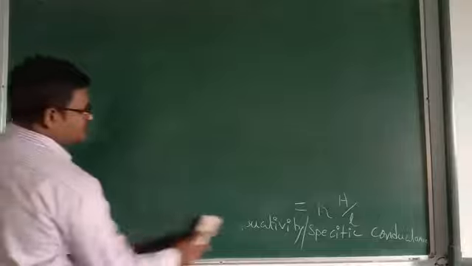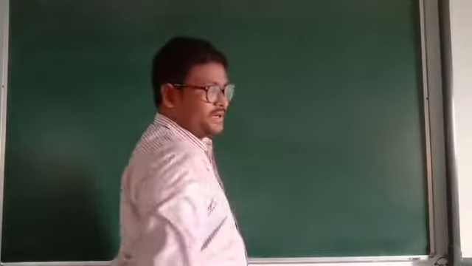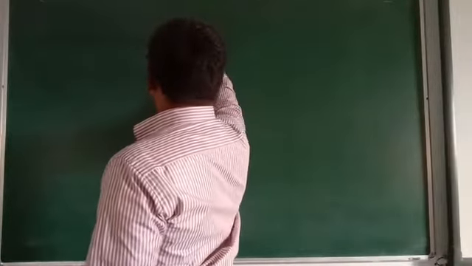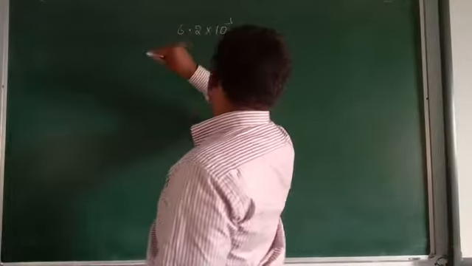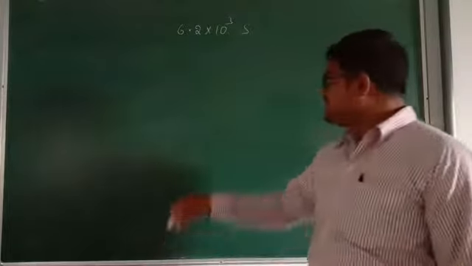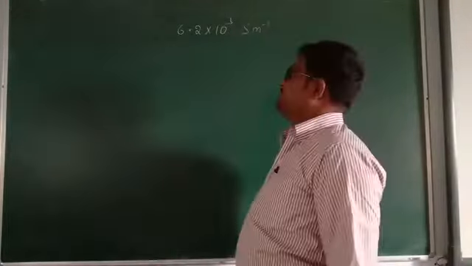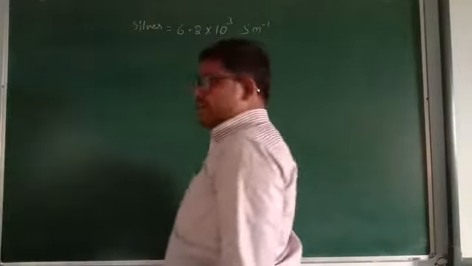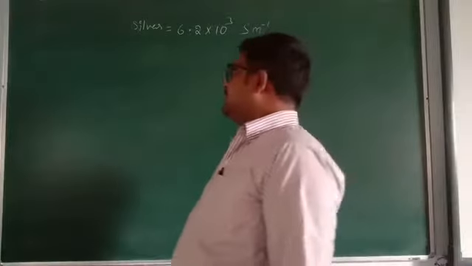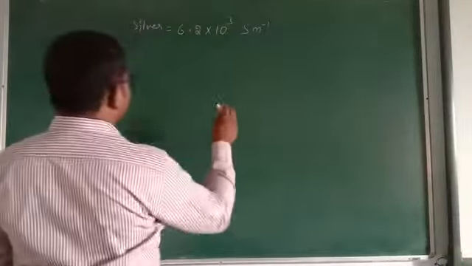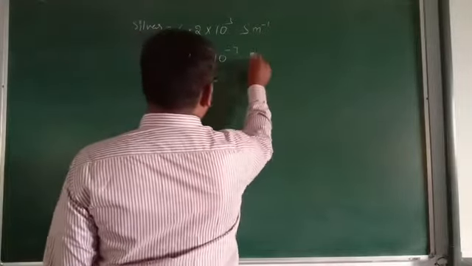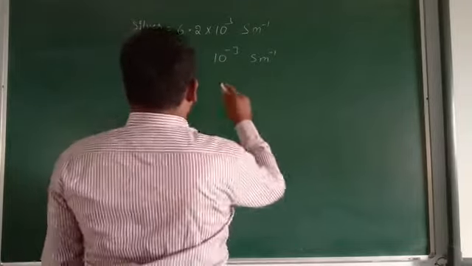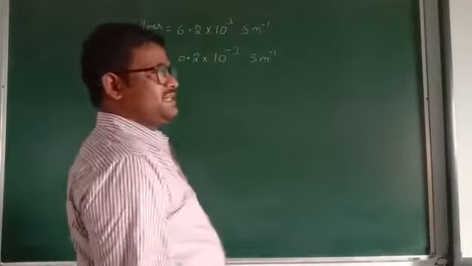That's why we use aluminum and copper as wire. Silver's specific conductance is 6.2 into 10 power 7 Siemens meter inverse. Silver is a good conductor, whereas pure water conducts very poorly. Its value is nearly 0.2 into 10 power minus 3 Siemens meter inverse.